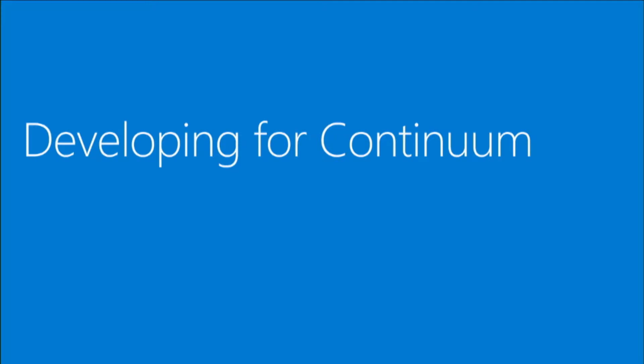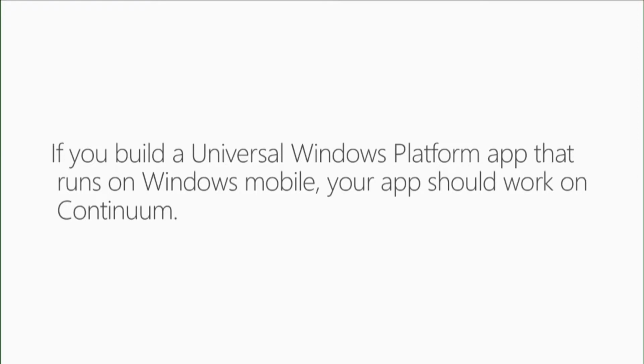So this is going to be the major crux of the session, which is developing for Continuum. When you're actually looking to develop an app that scales well in Continuum, we mostly ask you to investigate universal Windows apps that are adaptive. So in general, developing for Continuum is all about building Windows adaptive apps.